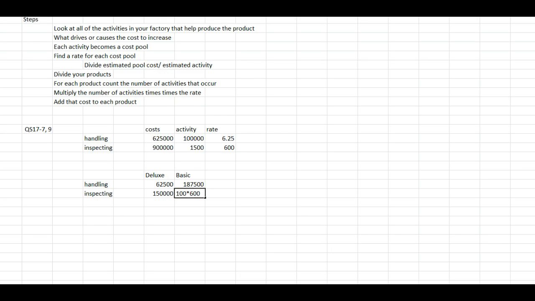And that is going to be $60,000. Okay, so these are going to be part of the overhead costs, and we have to do this for the other 4 items they mention as well. Okay, so that is the end of our activity-based cost lesson.